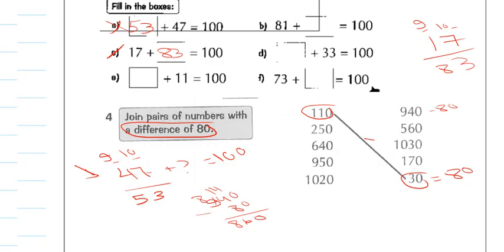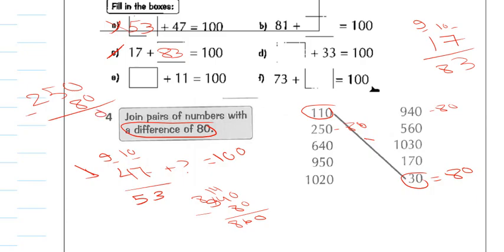You can subtract 80 from 250 or 560 and check. 250 minus 80, 0 minus 0 is 0, 5 minus 8 can't be.